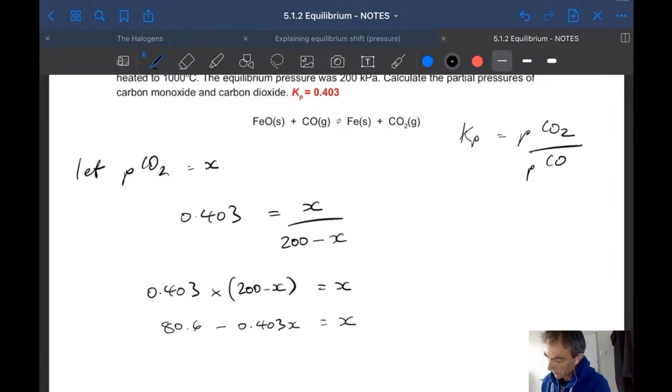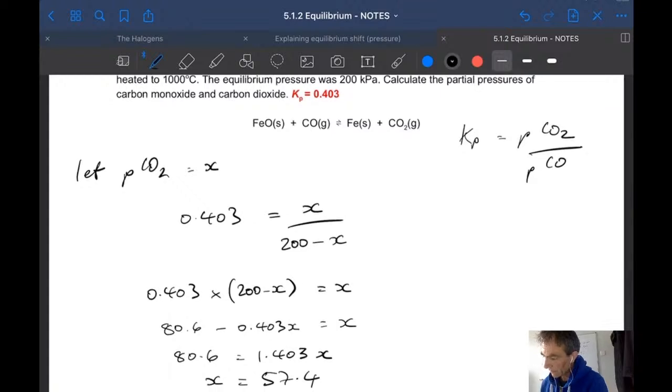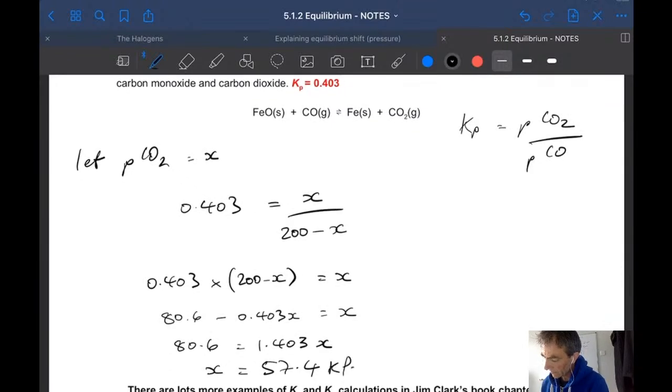So tidying that up, we get 80.6 equals 1.403 X. Therefore, X equals 57.4 kilopascals. I think the pressure is in kilopascals, so these will be kPa.